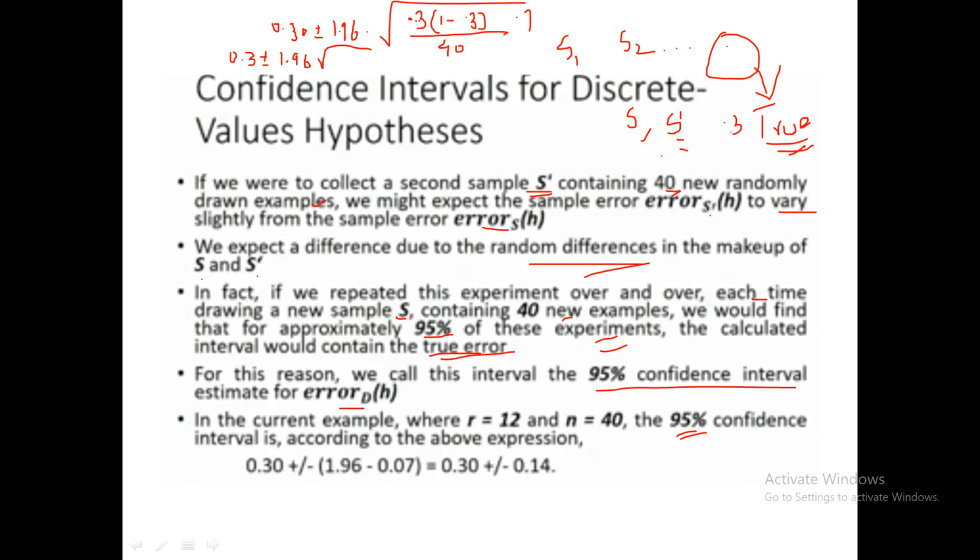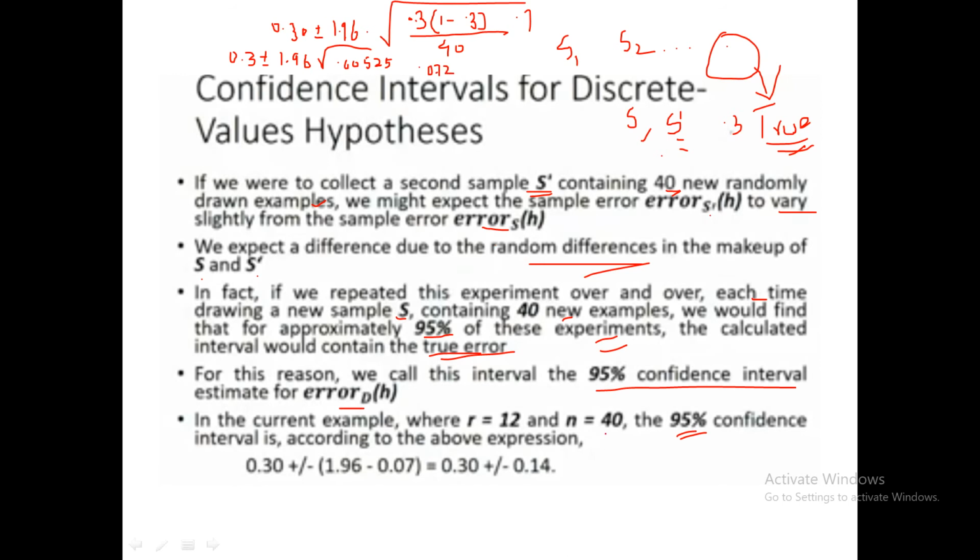Now 0.7 into 0.3, you are going to get 0.00525. You can calculate it yourself, it is very simple calculation. Now the square root of 0.00525 you are going to get 0.072.